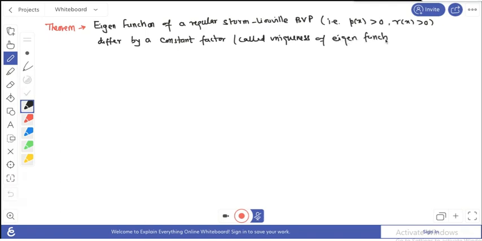Okay, so this theorem says that if two eigenfunctions correspond to the same eigenvalue, then these two eigenfunctions are linearly dependent. This means suppose phi1 is equal to some constant times phi2.